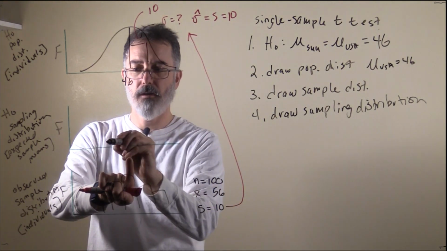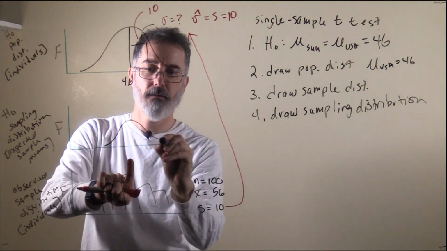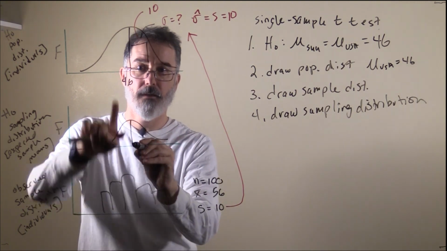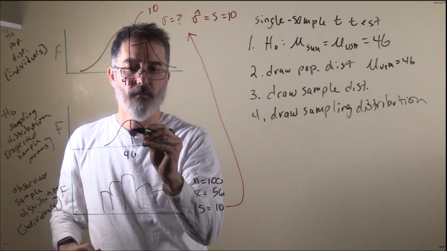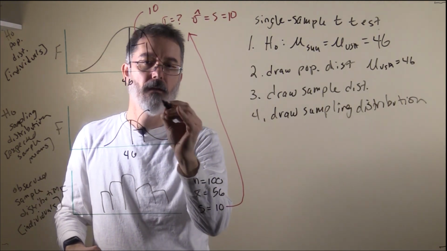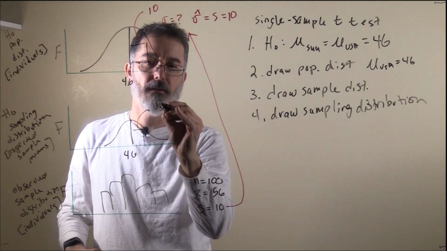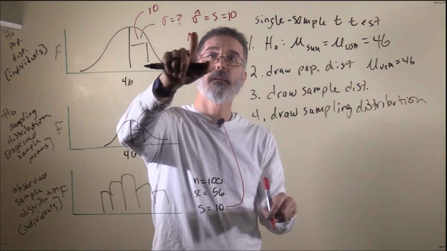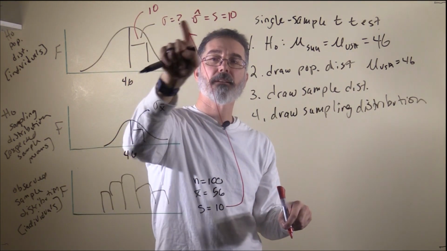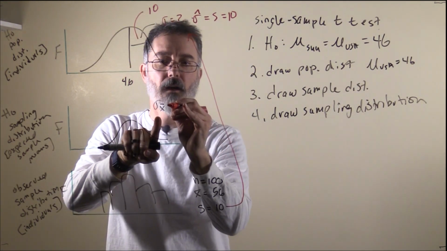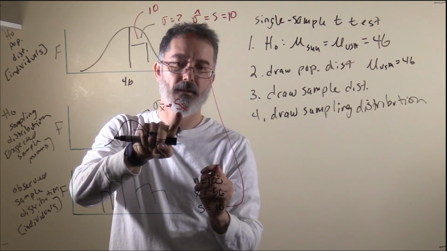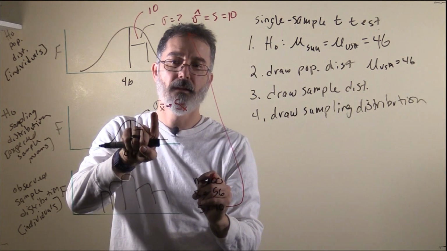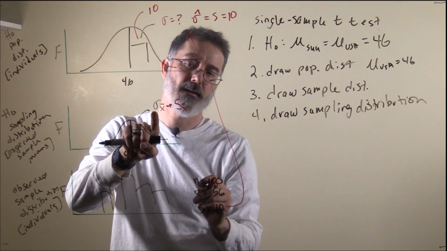Okay, so we can draw our sampling distribution here. And just like with the z-test, the means are going to be the same. And we have the same formula here for the standard error, except now we're using our sample as our best guess. So we're going to switch this, and since we're using our sample as our estimate, we're going to put the s here instead of sigma. So this isn't based on the known population standard deviation.